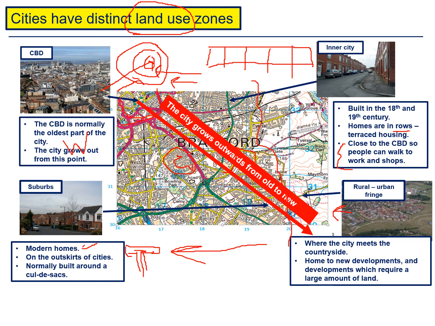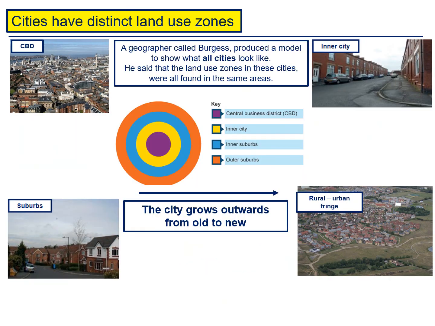And as you see here, the city grows outward, usually in a circle pattern like this. I'm going to look at that next. So this circle model is called the Burgess model. And this man, a geographer called Burgess, produced this model to show what all cities look like.